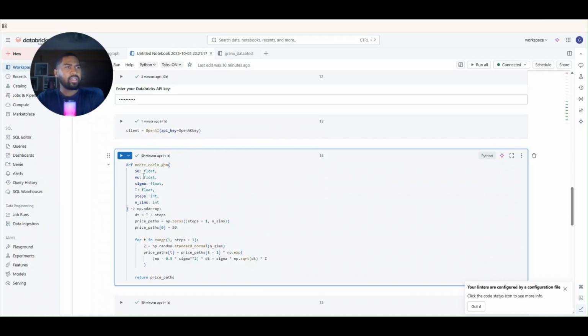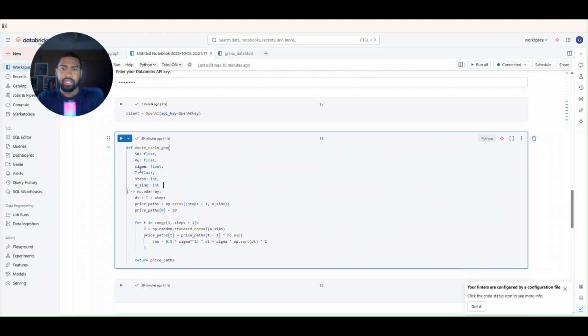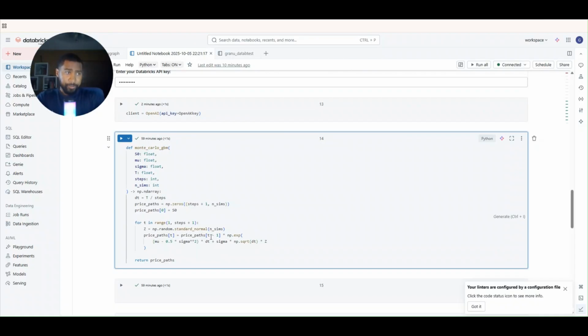The starting stock price can be whatever stock you're looking at, while mu is your expected returns. Sigma is the volatility, T stands for the time horizon in years, steps is the number of time steps in the horizon, and NSIMS is the number of simulations that you're using for your trials.